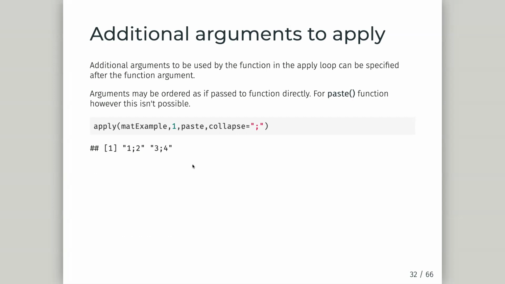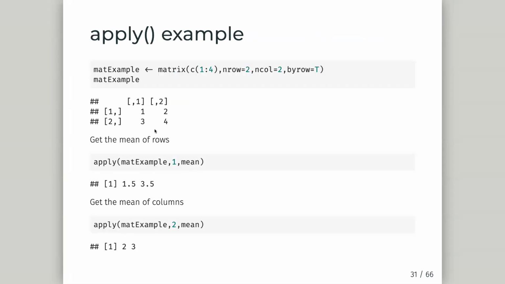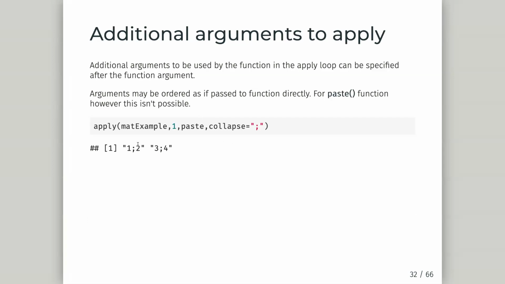So I'm going to hit my matrix, I'm going to go by rows, I'm going to paste, and I'm going to say collapse equals colon. And now I get that string where it's pasted these 2 elements from my row, but now it's collapsed them and put a little colon between. Okay. So additional arguments to your functions you can specify after the function, put a comma. I can put an argument there. I can do another comma, provide another argument, however many arguments I need to supply.